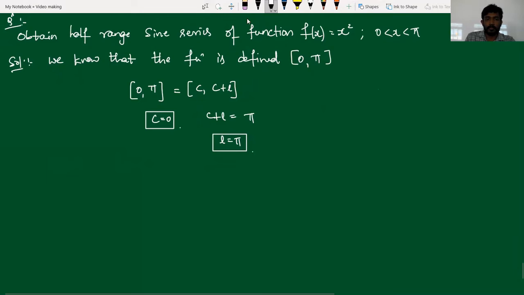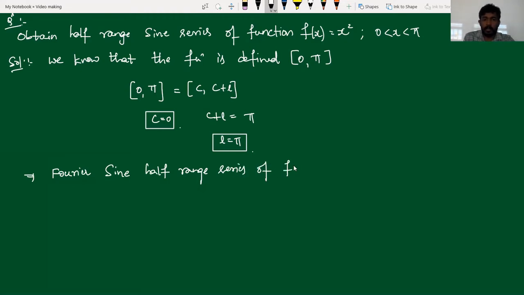So this implies the Fourier sine half-range series of f of x defined on the interval 0, pi is given by, in the general formula the L should be substituted as pi.